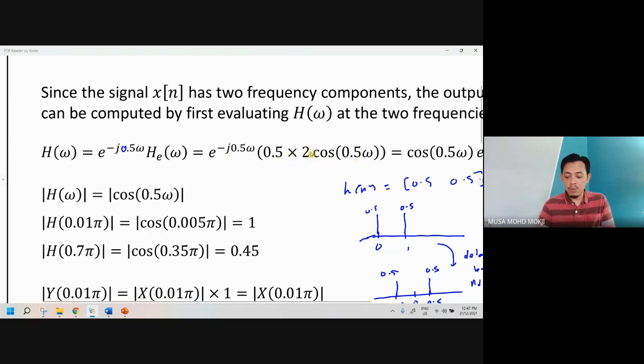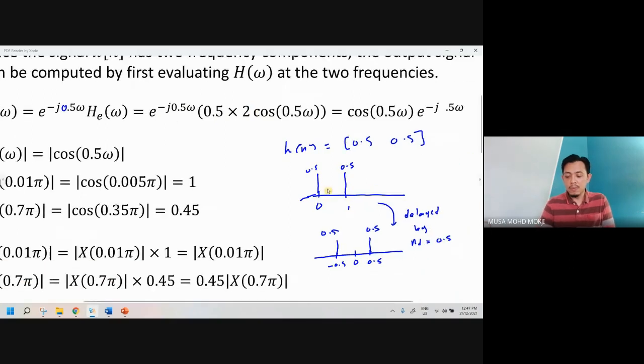You can solve this using the symmetry formula: x[0] plus 2 multiplied by the summation of n from 1 up to infinity of h[n] multiplied by cos(omega n).